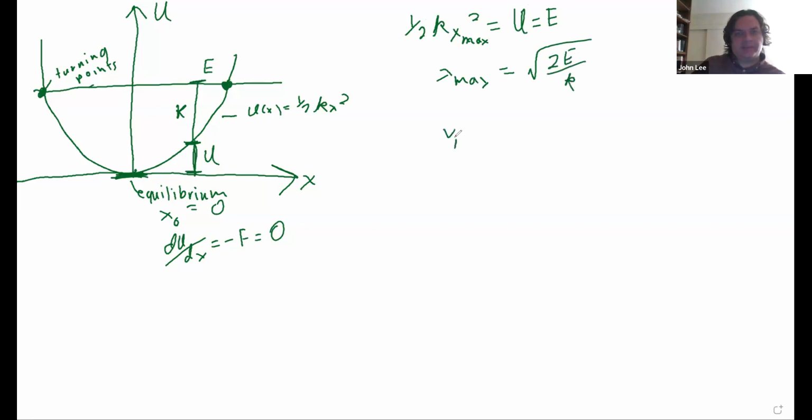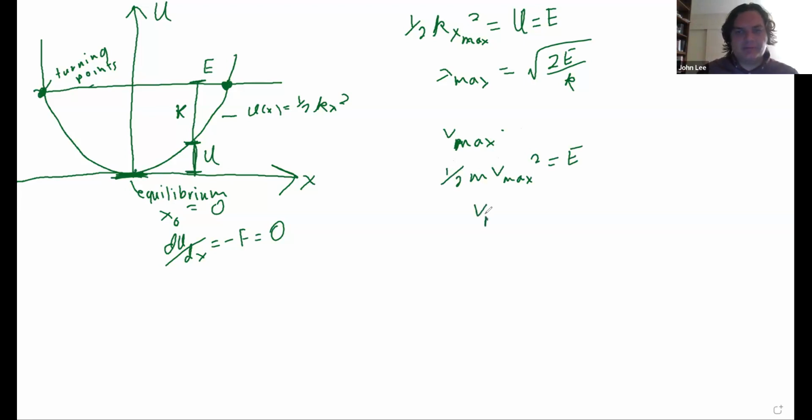And then v max happens when 1/2 m v squared is equal to E, because there's no potential energy at this point.